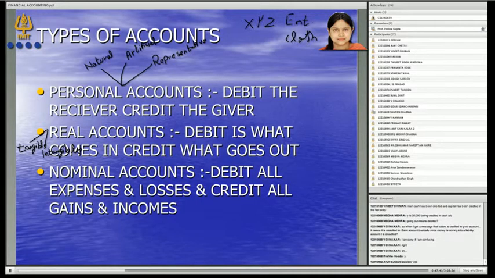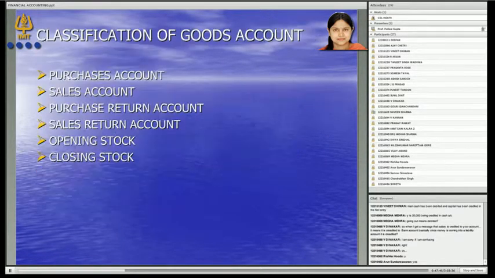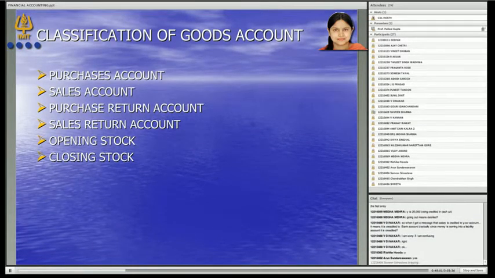Okay, one thing I want to share with you. When we were doing the accounting equation, we said goods are coming in, goods are going out. Everything was done in the goods account. But now we will do the bifurcation of the goods account also.